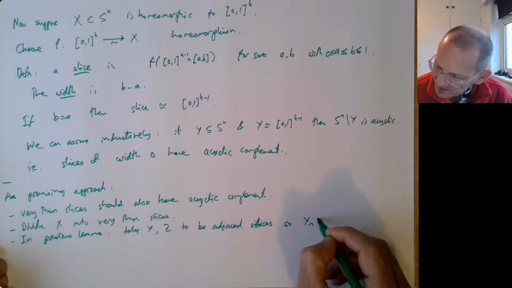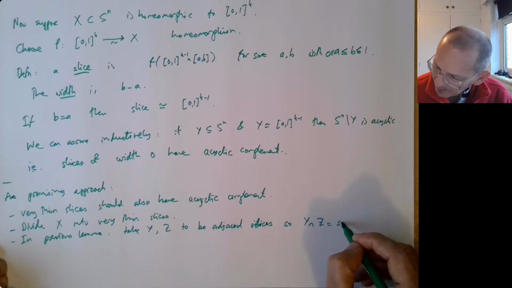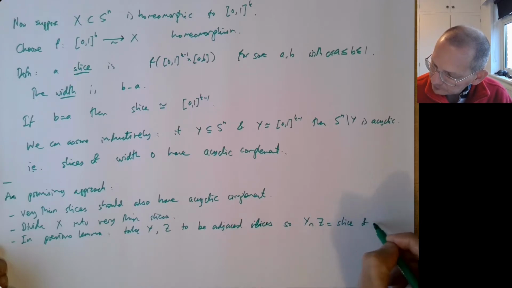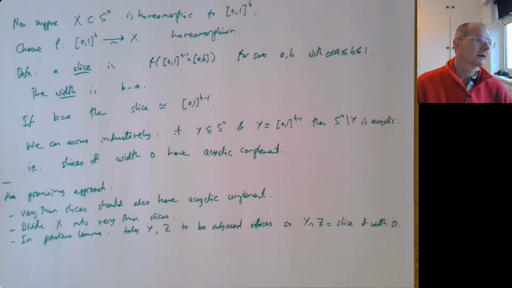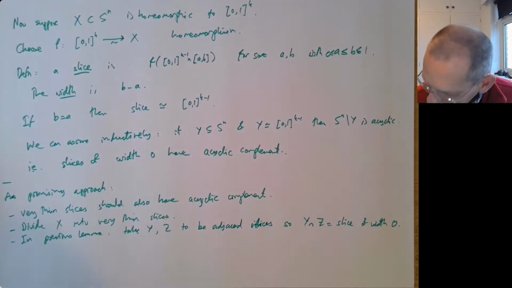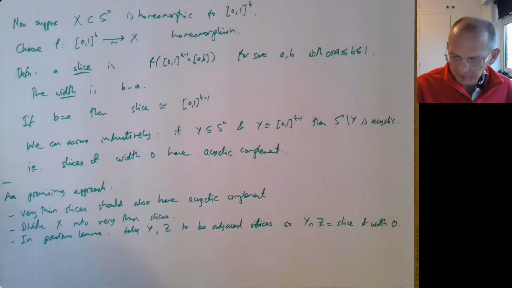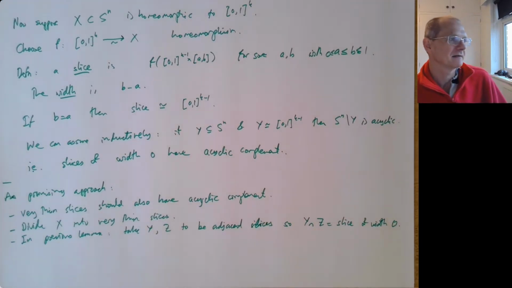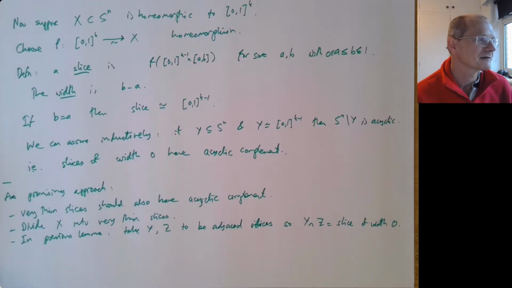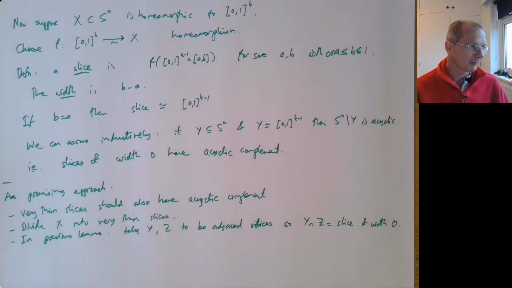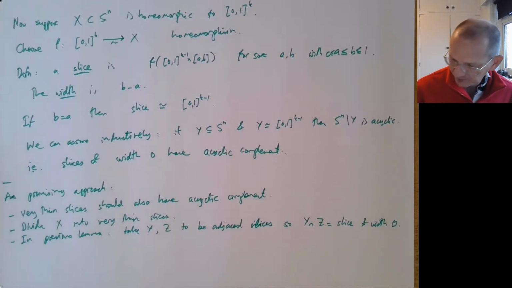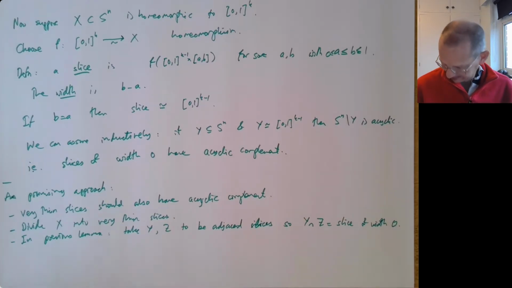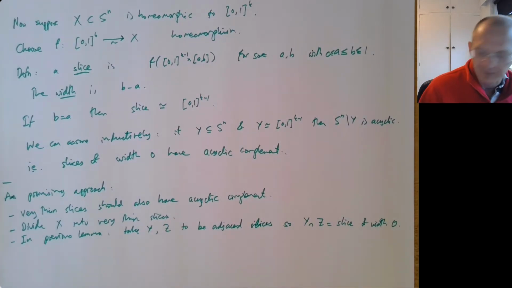So Y intersect Z is going to be a slice of width 0. If you divide the unit interval in an obvious way into a million subintervals, then each pair of adjacent subintervals intersects just in a single point. So each pair of adjacent slices of width 1/millionth, their intersection is a slice of width 0.